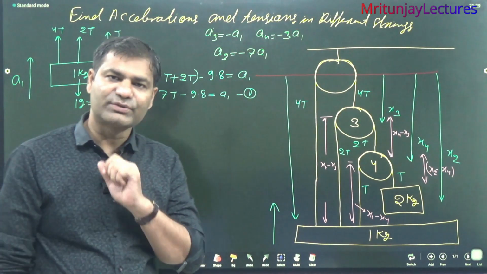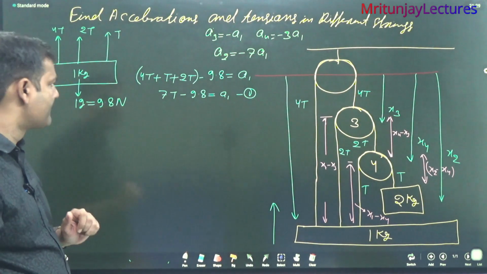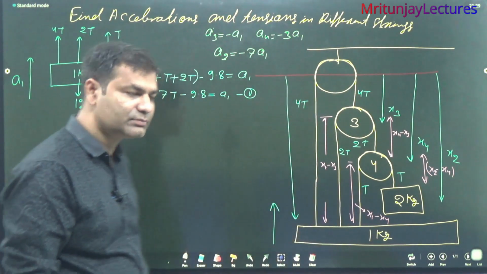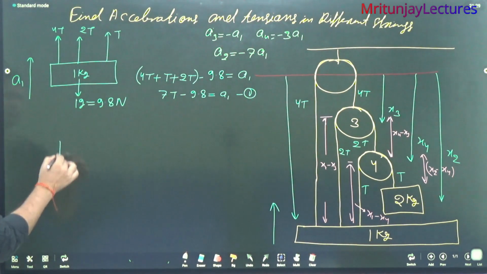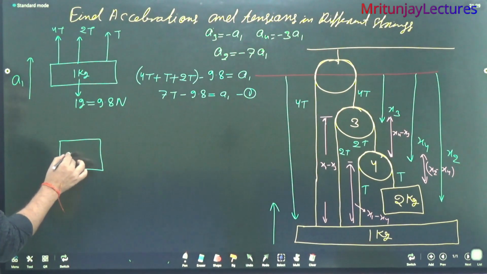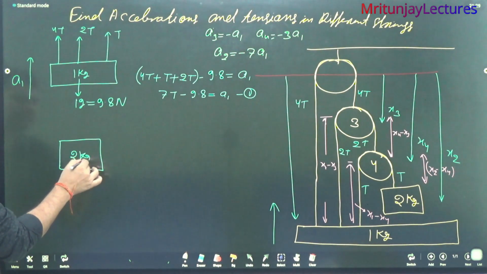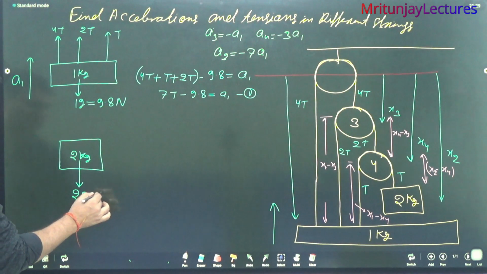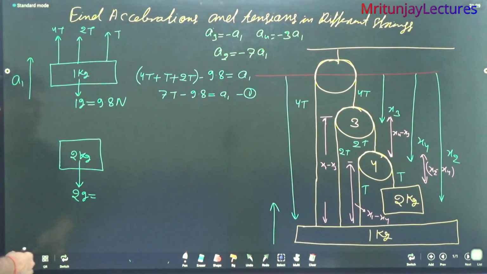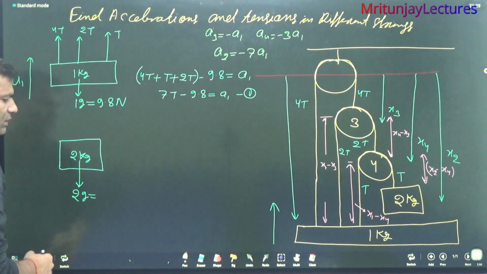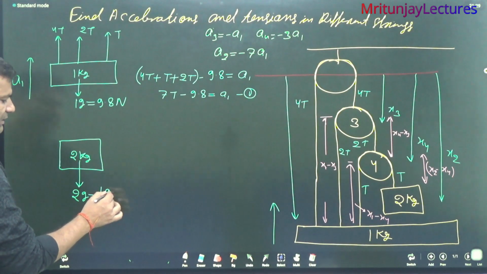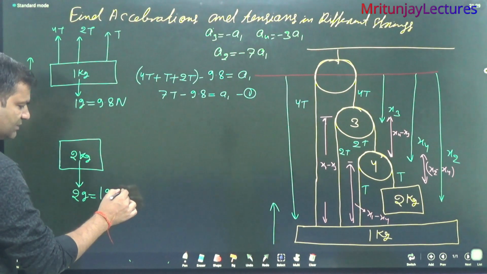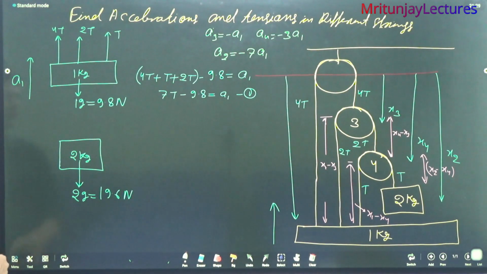Now next one, if you focus on that 2 kg block, 2 kg, indirect contact force 2G means 9.8 into 2, that is 19.6 Newton downward.